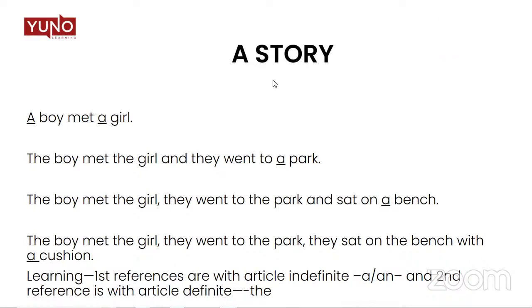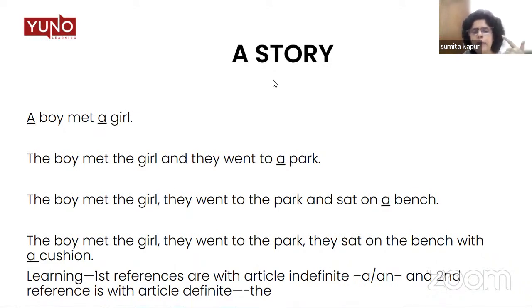Okay. Now guys, this is a very simple story with just four lines. When we finish the story, I'm going to ask you to please pay attention to the usage of articles and tell me what is your learning, what is your takeaway from this story. First sentence, a boy met a girl. Second sentence, same story. You can see it is written on the screen.